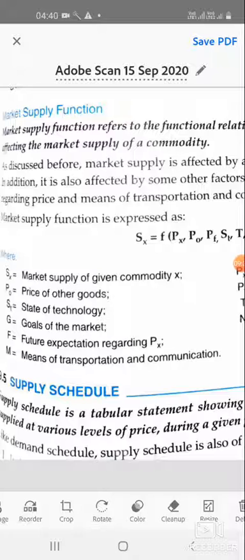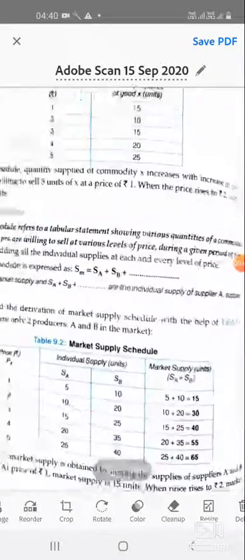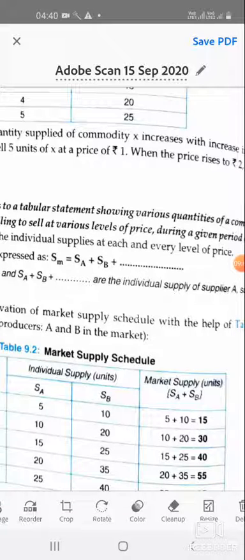Like the supply schedule, the supply curve can also be drawn both for an individual producer and for all the producers in the market. So the supply curve can also be of two types: individual supply curve and market supply curve.